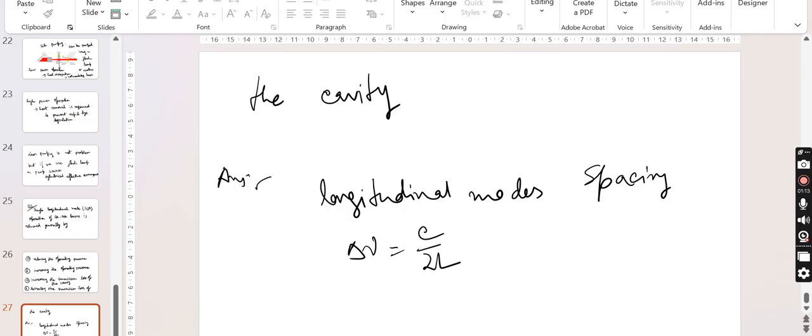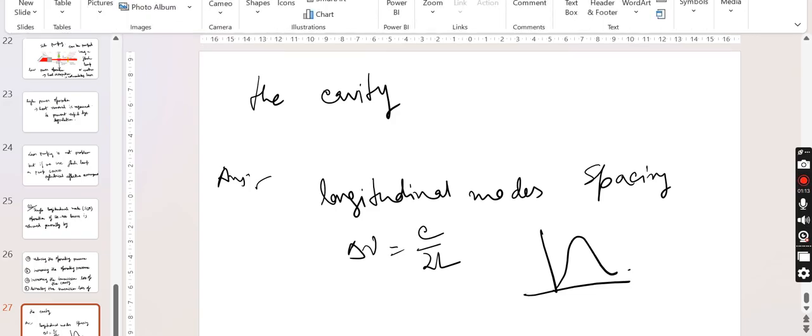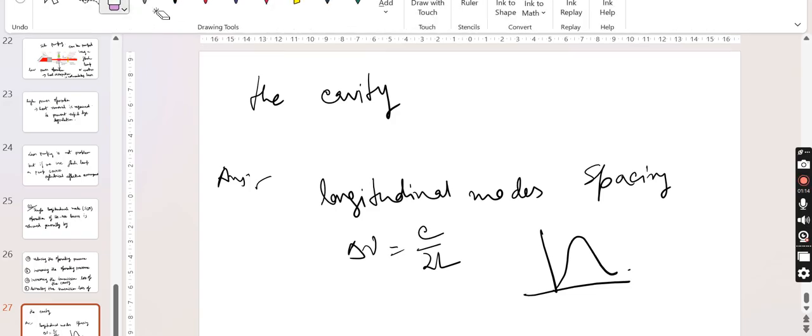To achieve single mode operation, there is a gain curve, and this is the loss line.